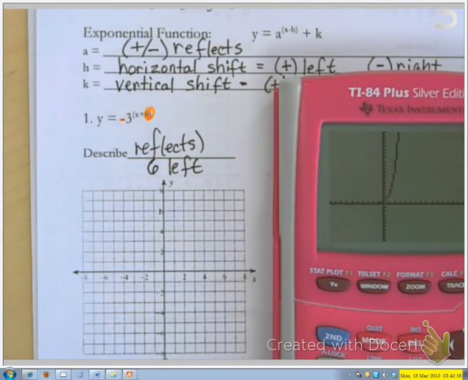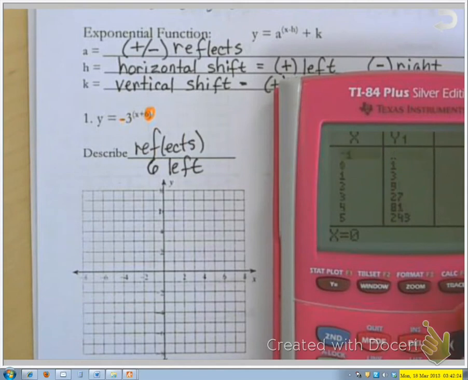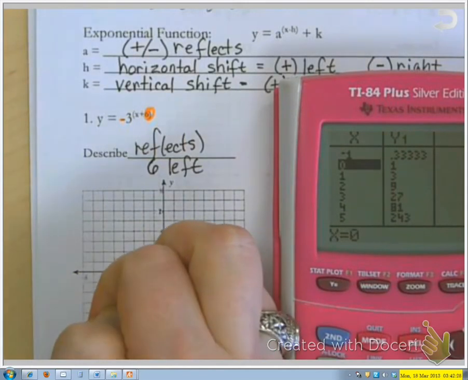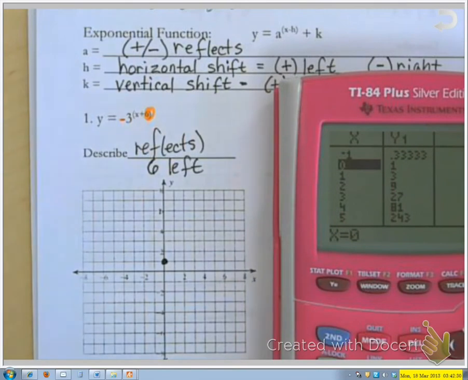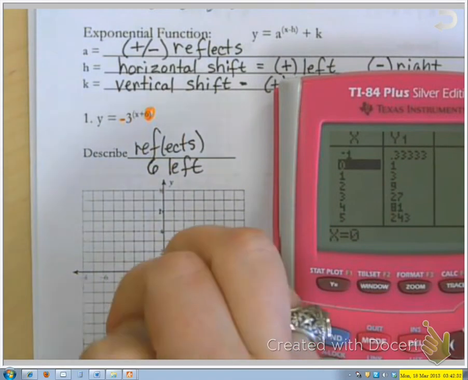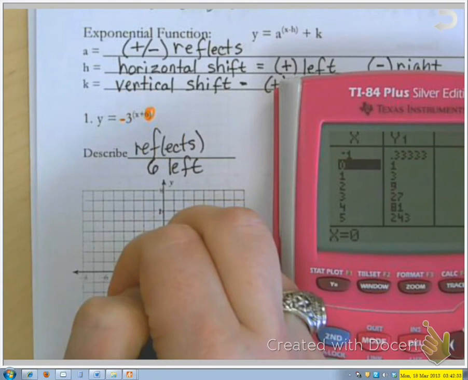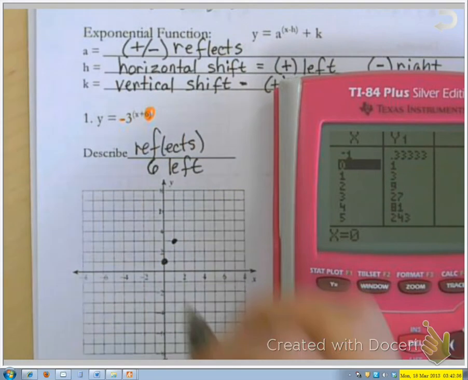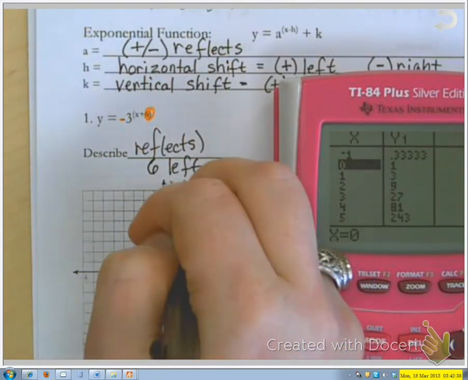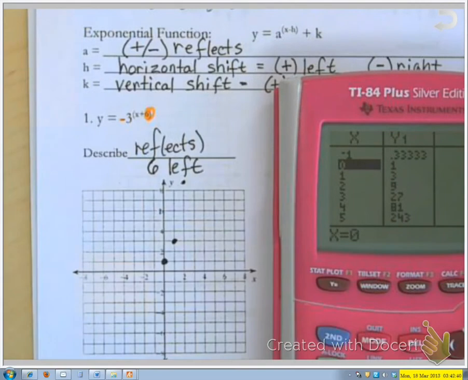Now I want to get some specific points here, so I'm going to go to my table, and I see in my table, oh look, it goes through (0, 1), so I'm going to put a dot at (0, 1). Then I notice it goes through (1, 3), okay, I can handle that, and the next one's (2, 9), which is off my graph, so I'm just going to put a little dot right up there.